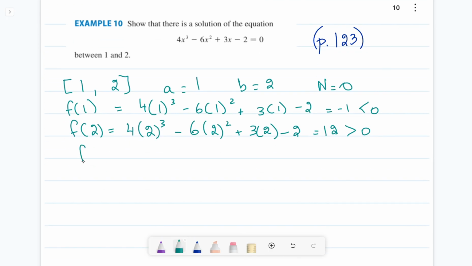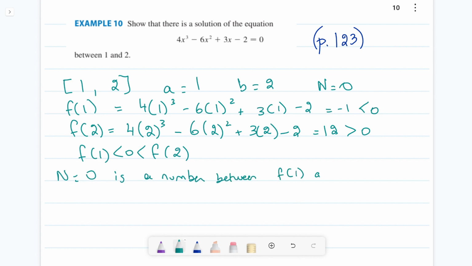So let's write this down: f of 1 is less than 0, less than f of 2. And we will let n equal 0, which is a number between f of 1 and f of 2, as we wrote in the inequality above.